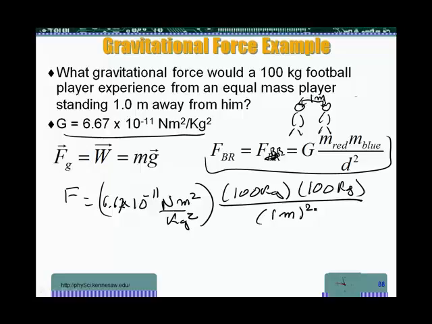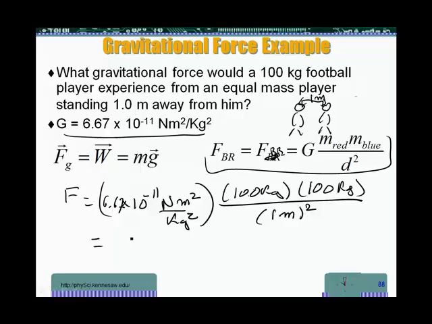Now, okay, let's calculate these. 100 times 100 is 10,000. 1 squared is 1. So 10,000 over 1, so it's 10,000.